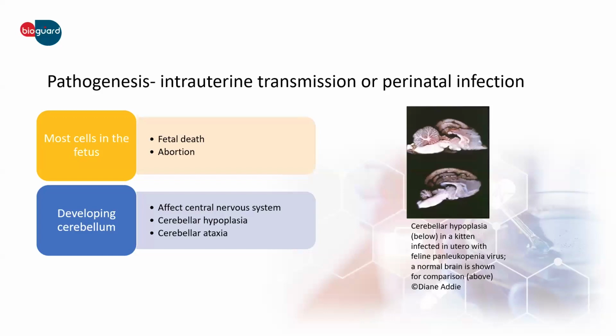Sometimes the FPV can also be passed from the queen. If the mother cat has an FPV infection during pregnancy, the virus can be transmitted to the fetus through the intrauterine route or through perinatal infection.